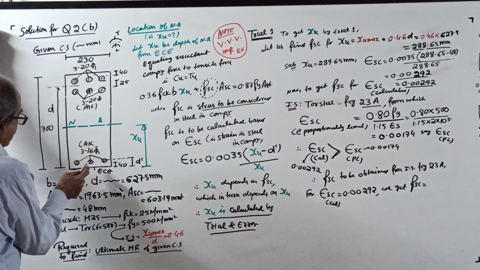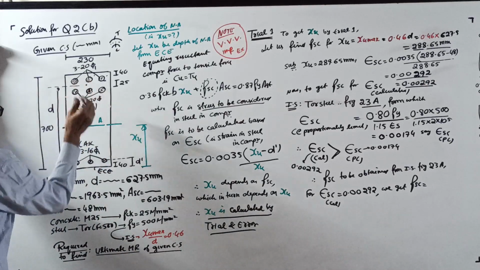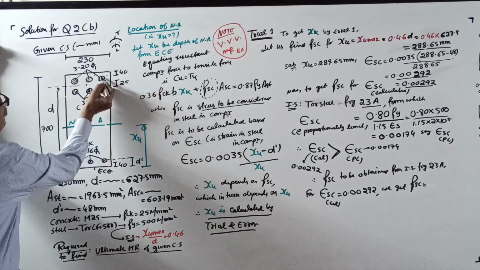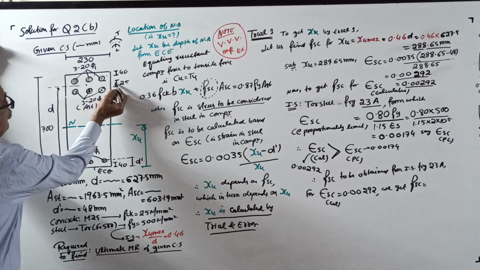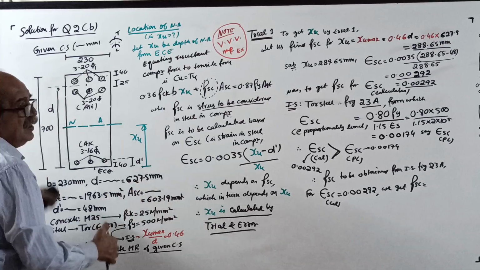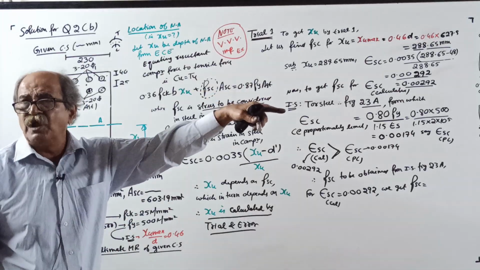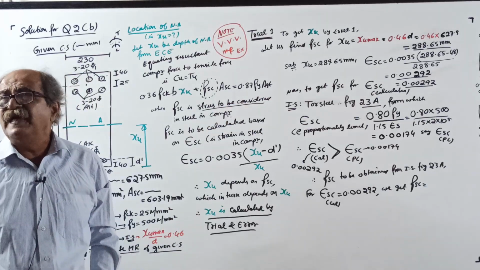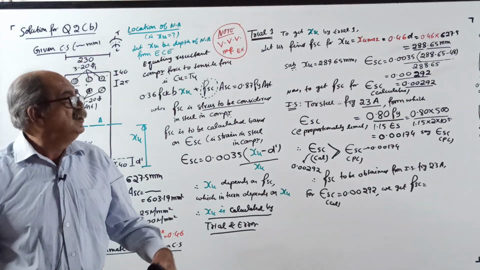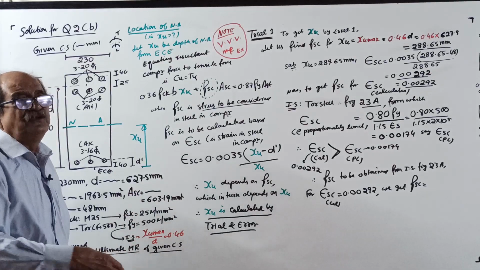D is from the extreme compression edge to the centroid of the tension steel here: 700 minus 40 minus 20 minus half of 25, which comes to 627.5. It was already explained earlier in one of the questions, under the title bars considered in two rows. If you are lazy and not going to that class, no problem, you take 627.5 and proceed further.